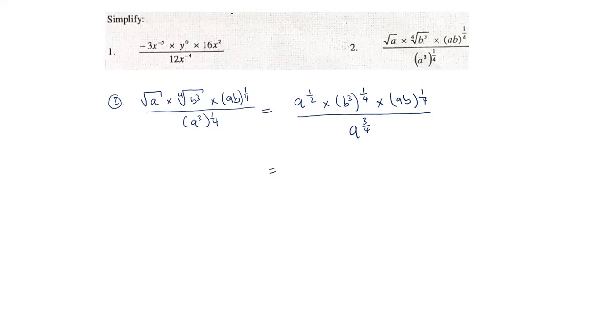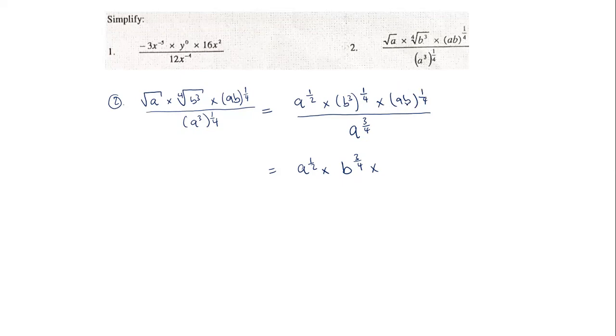Now, as I continue with my expression, while I'm simplifying it, I'm going to rewrite this as it is, which is a to the power of 1 over 2, multiplied by, now we're going to distribute our exponent inside of the bracket, which is law number 3, raised to a power. So we're going to say 3 multiplied by 1 over 4. It's going to be b to the power of 3 over 4, multiplied by, again, we're still going to have to distribute this exponent inside of this bracket.